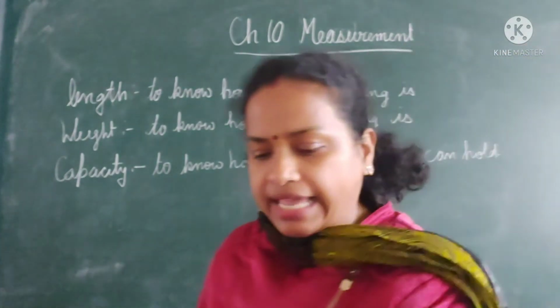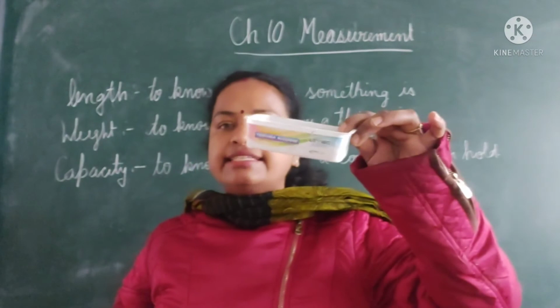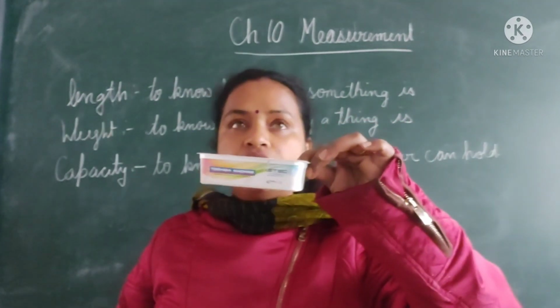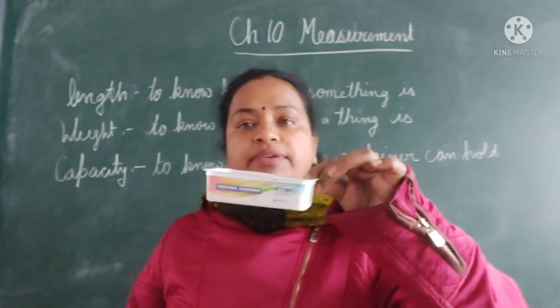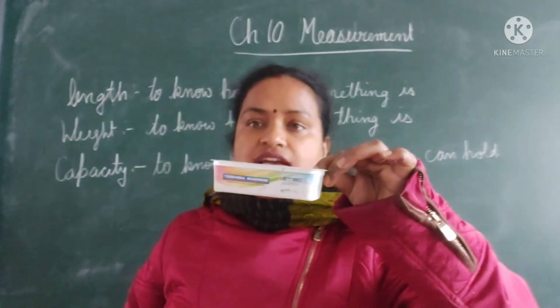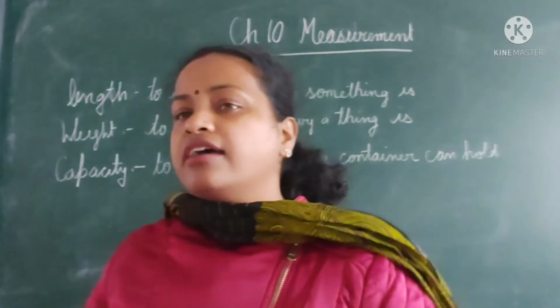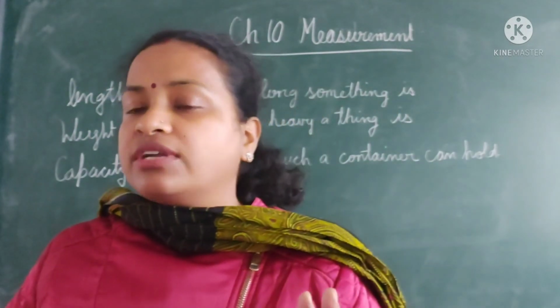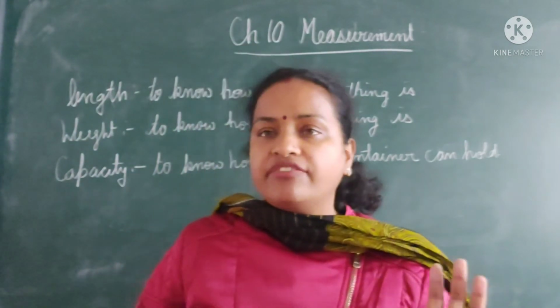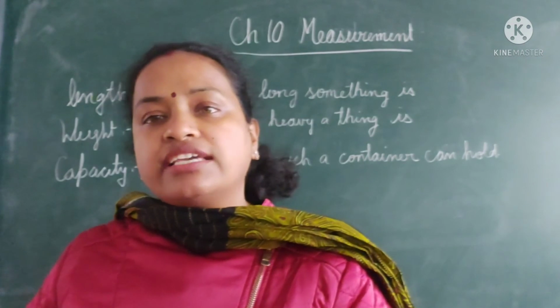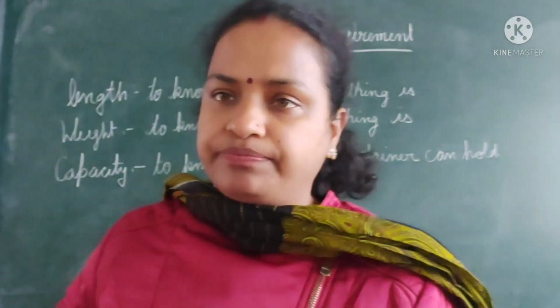Like this is one box, it is empty. How much it can hold for the time being is said to be capacity. Suppose you are having a glass, sometimes it is mentioned 200 or 500 ml. So that much capacity it can hold.